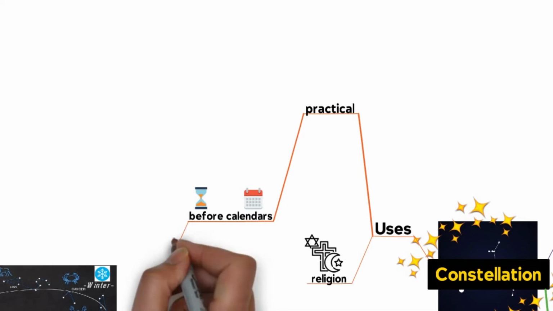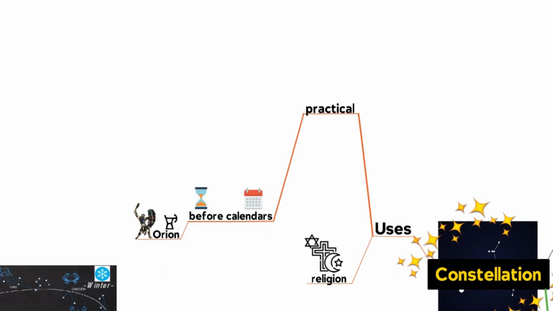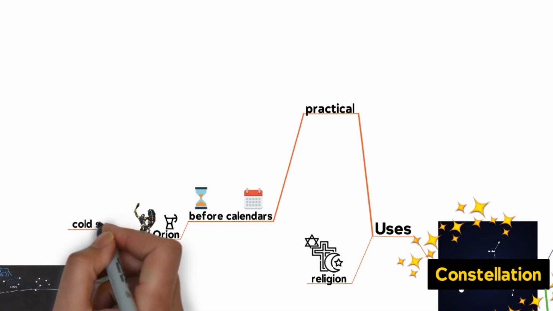In the northern hemisphere, the constellation Orion indicates the coming of cold season.